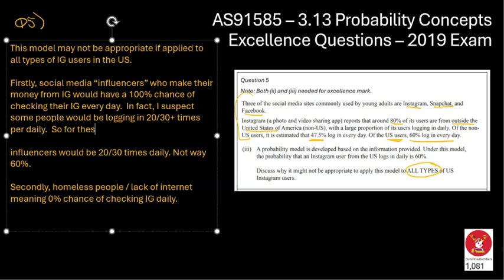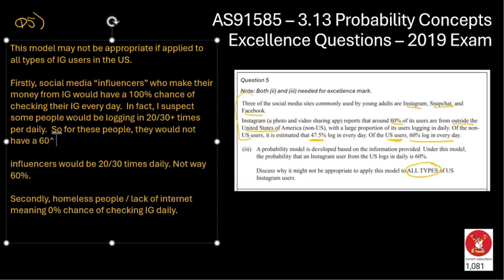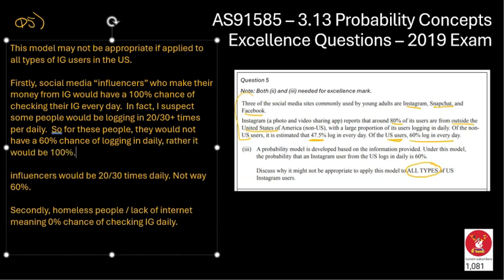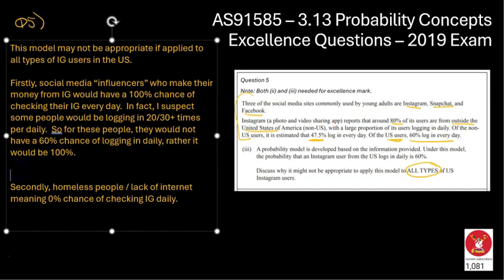So for these people, they would not have a 60% chance of logging in daily. Rather, it would be 100%. So that there discredits the use of 60% in those particular circumstances. So let's get rid of these.